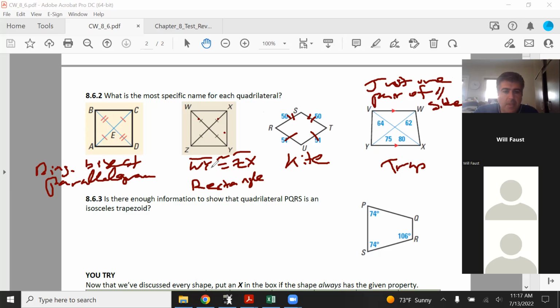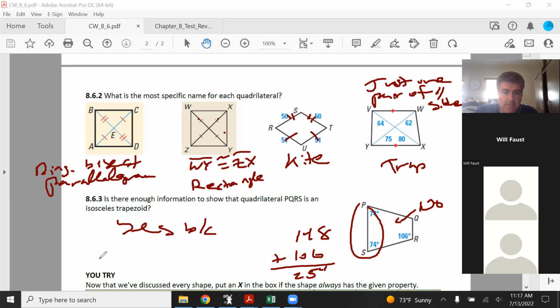Okay. There's enough information that the quadrilateral PQRS is an isosceles trapezoid. We have 74 and 74, that's 148. And also 106, that's going to be 254. So that's also 106 to get to 360. So the answer is yes.